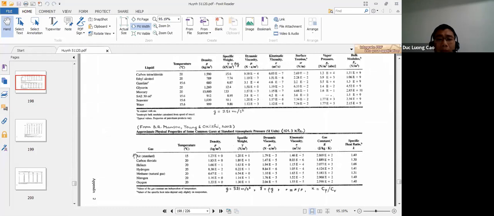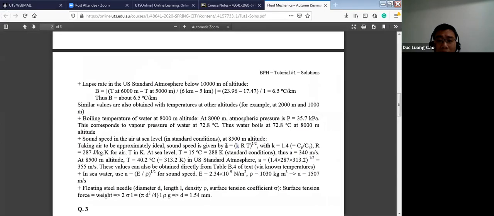For air, k is 1.4 and R is 2.869. So k and R are constant.